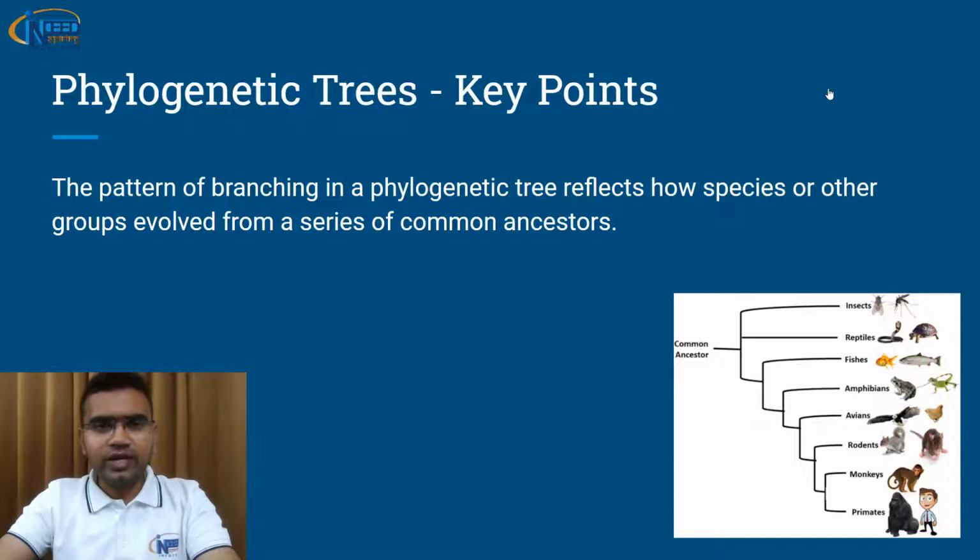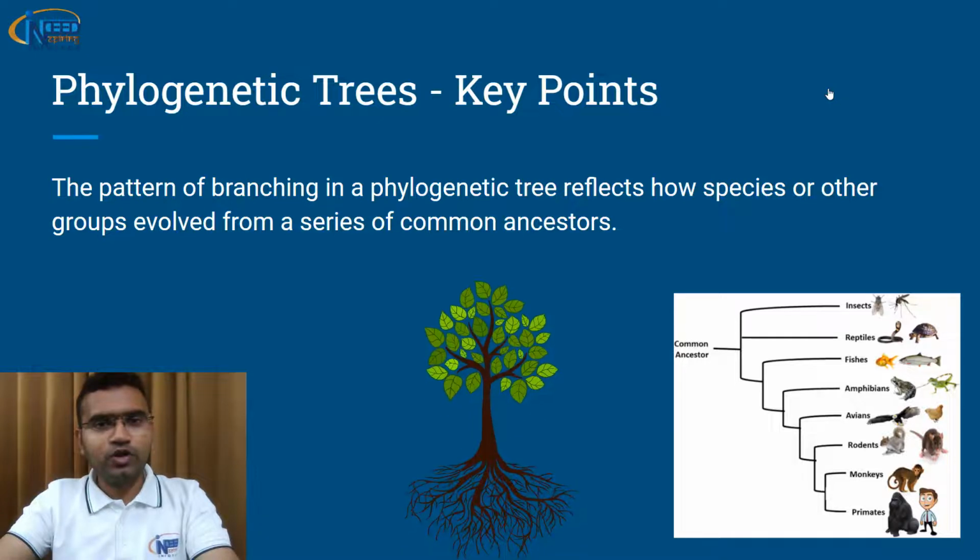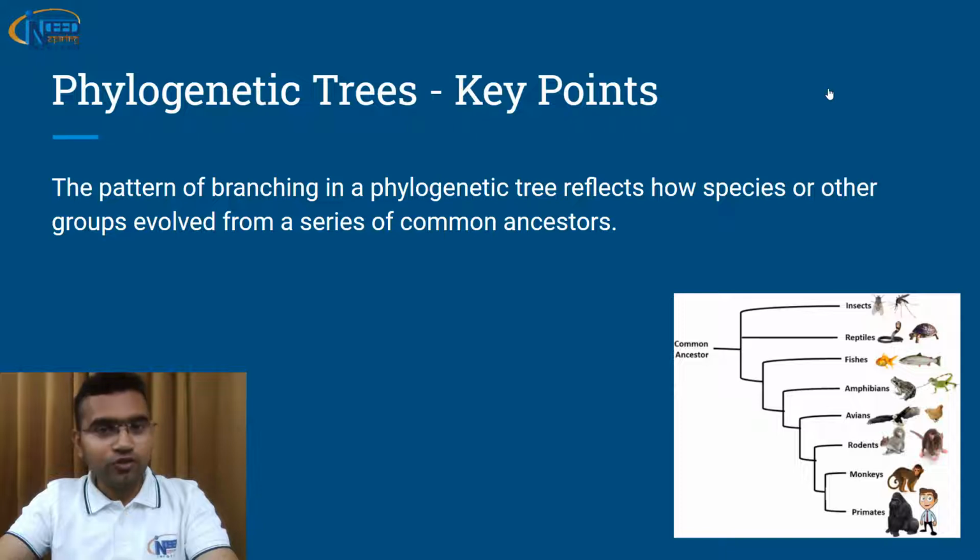If you see a tree, we start with a root and then the root splits up into branches. Now these branches further split up into multiple branches. So you can see that all the leaves and fruits are coming from the same root, and we can say that the fruits and the leaves of the tree have a common ancestor.